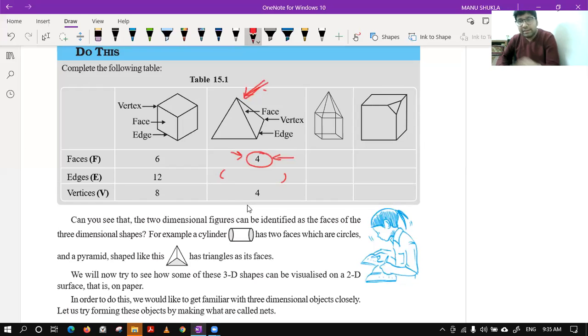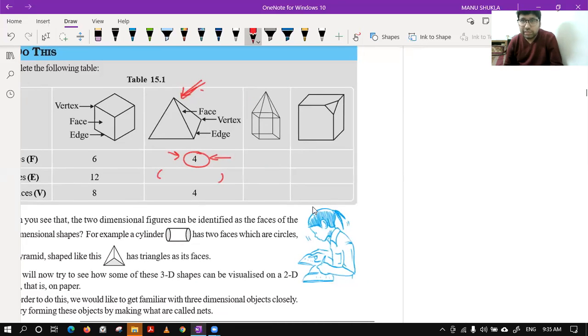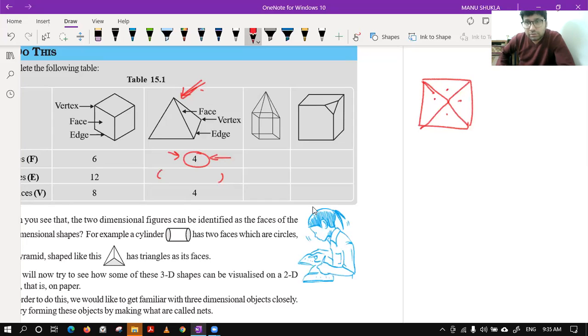Lavya, if you are thinking it is a square pyramid, try to think one more time. So see, if this is the base, the square, then the first face is the bottom face, second, third, fourth, and fifth. Then we will have five faces, na?